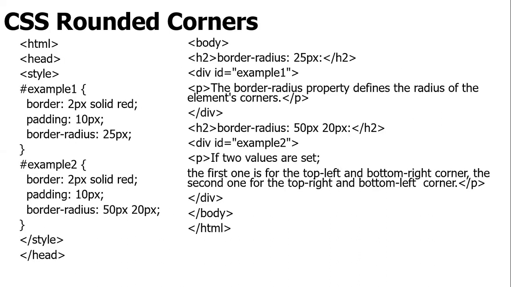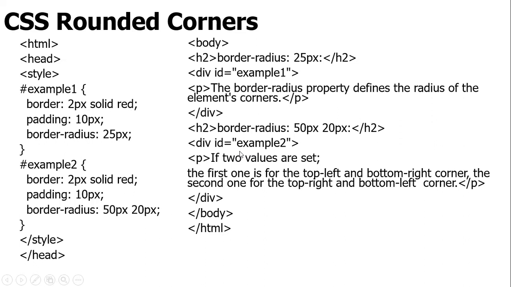This is a sample program. In this, in the body, here H2, I have given border-radius 25 pixels. This is the content. Under the div tag, I have given an example. Here in example 1, I have given the CSS properties border 2 pixels, which is the width of the border, so we can say the thickness of the border is 2 pixels, solid red color, padding as 10 pixels, and then border-radius 25 pixels.